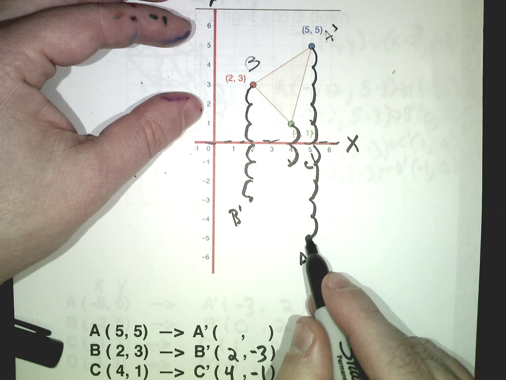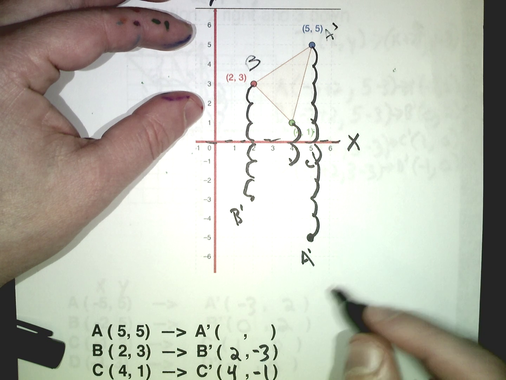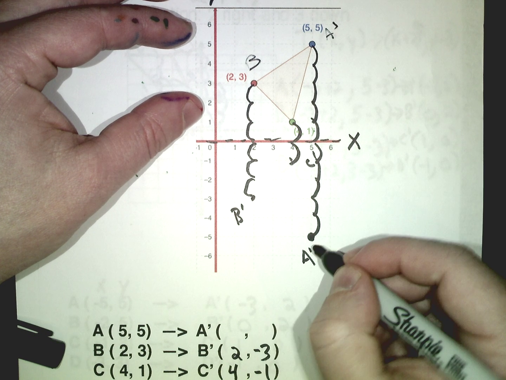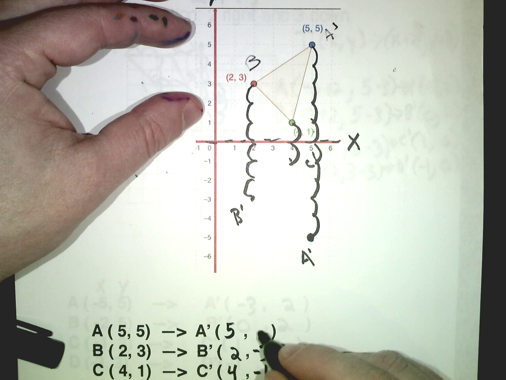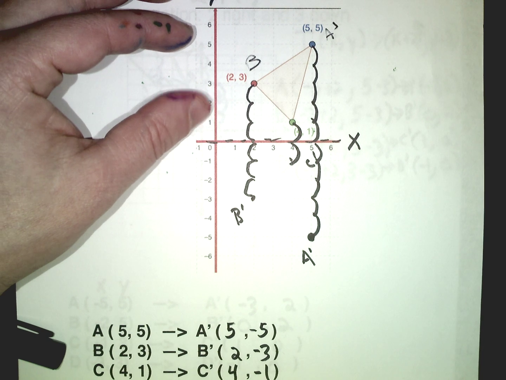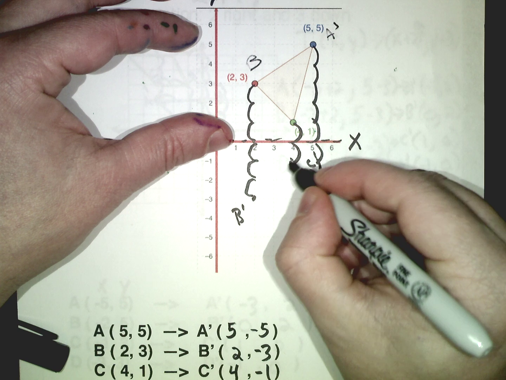Double check if you're using the graph paper. Okay, it's hard to see, but I actually have little boxes on mine. You will too. So my new A prime, the X stays the same, and this becomes -5. Look at that pattern. There's a pattern here. Could save you a lot of time. May not even have to graph them.